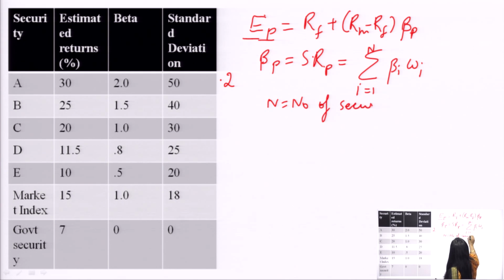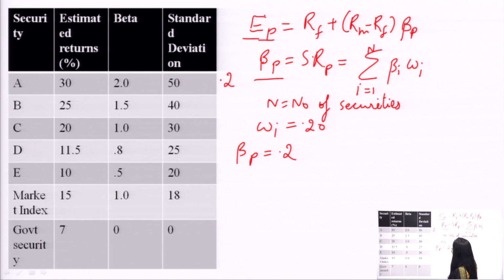Since in my portfolio there are 5 securities, and what is the proportion of each security? Proportion is equal to 0.20. So, how would I calculate beta p? Beta p would be equal to, for every security I have to multiply two things. What is the proportion? Proportion is the same for all the securities, 0.2, and what is the value of beta?